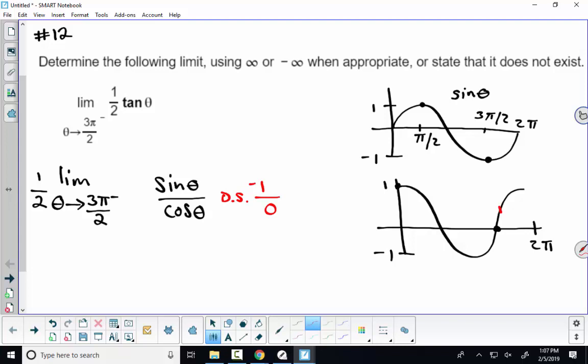Cosine is approaching 0 through negative values. So what does that mean?